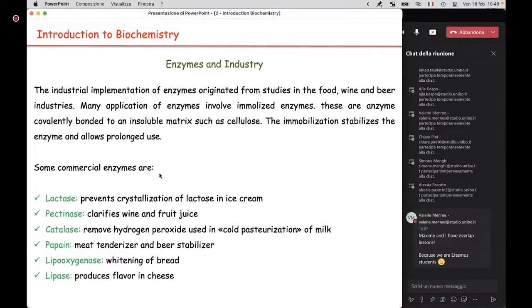Enzymes can be very useful in industries because they can transform, more or less automatically, several kinds of compounds in a useful way for humans. And they do this without producing pollutants, because they are biological compounds.